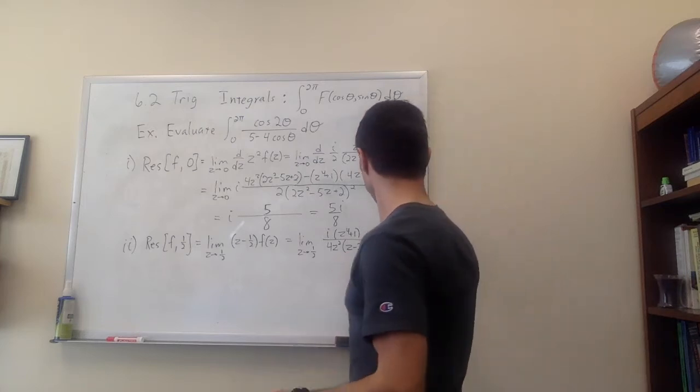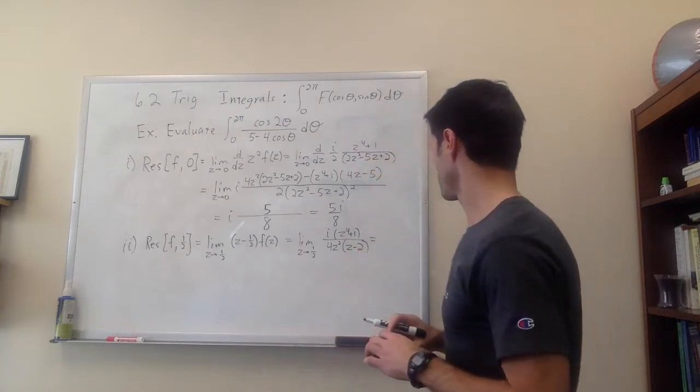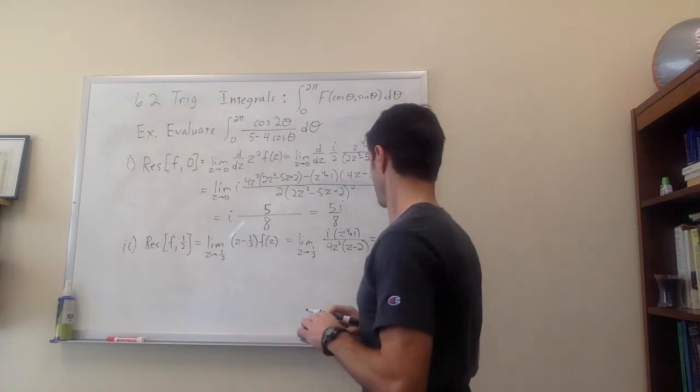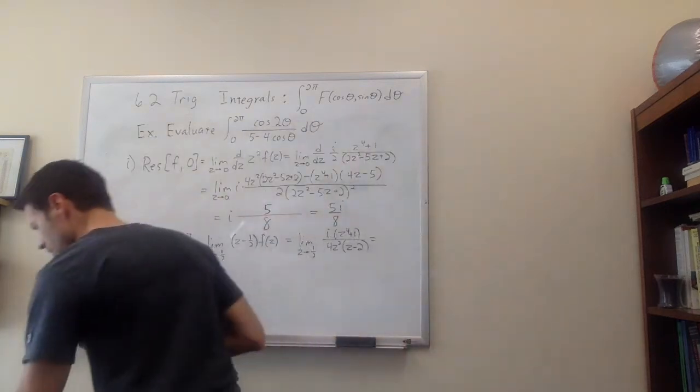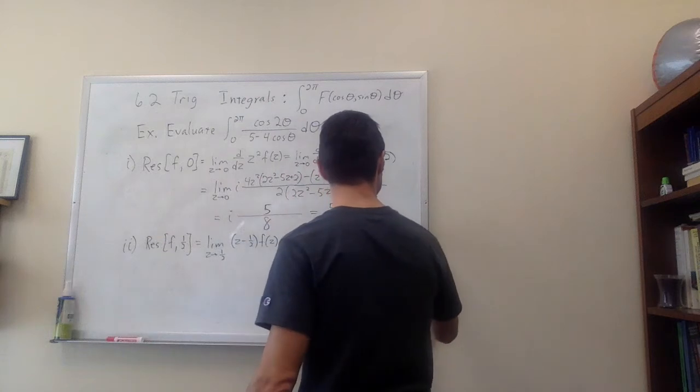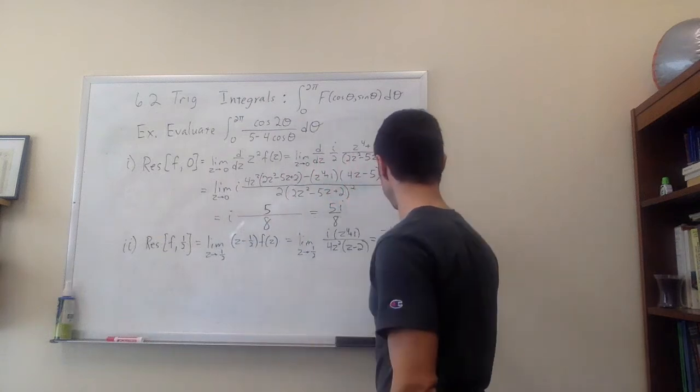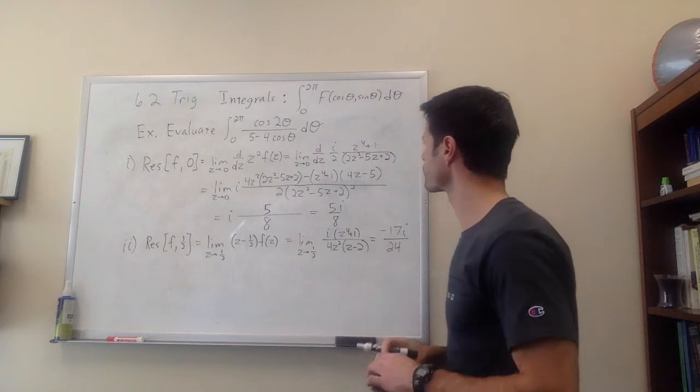Just plug in 1/2 for z, and I have that this is equal to minus 17i over 24.